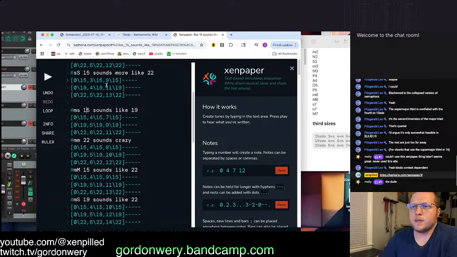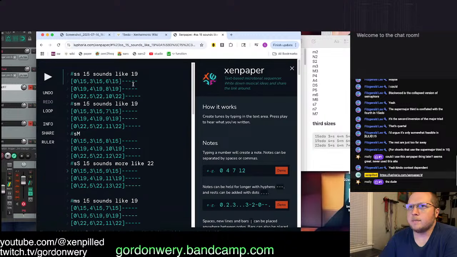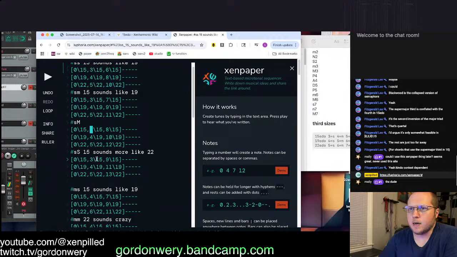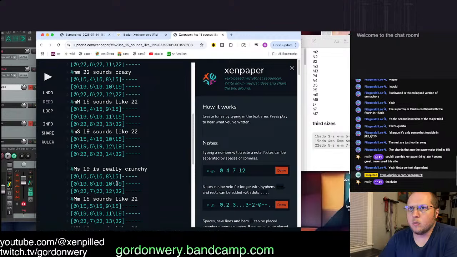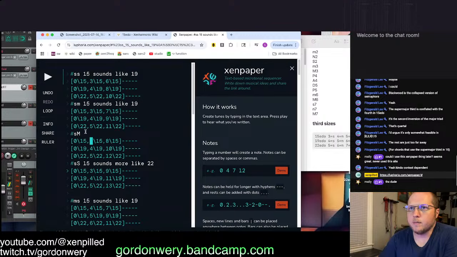Yeah, I think 15, because it conflates categories so much, you can go several different ways, but I'm definitely into using the subminor as a third, especially when it's not on the bottom of the chord, or if it's with at least a major third.